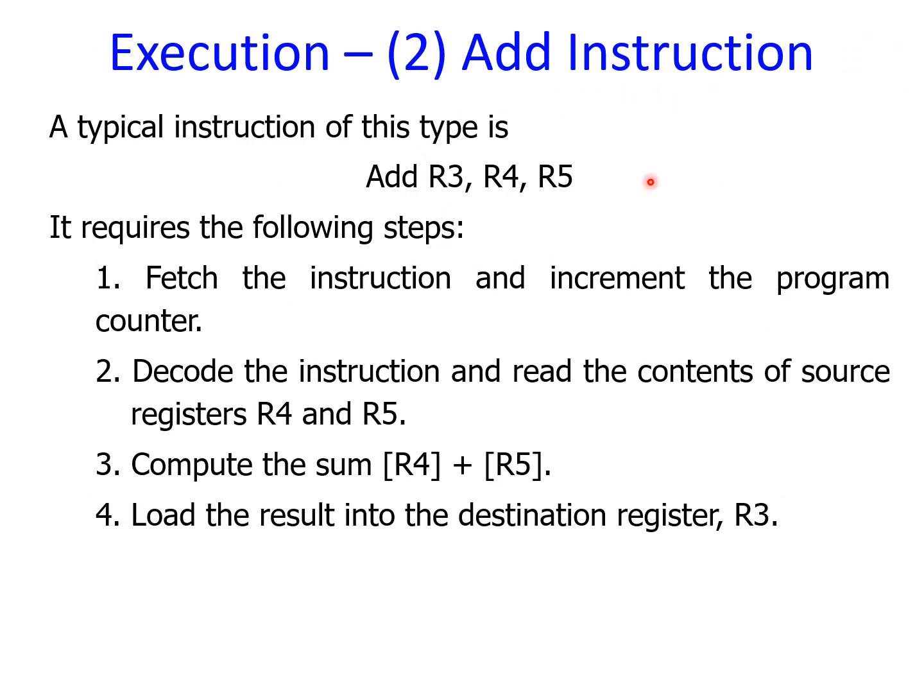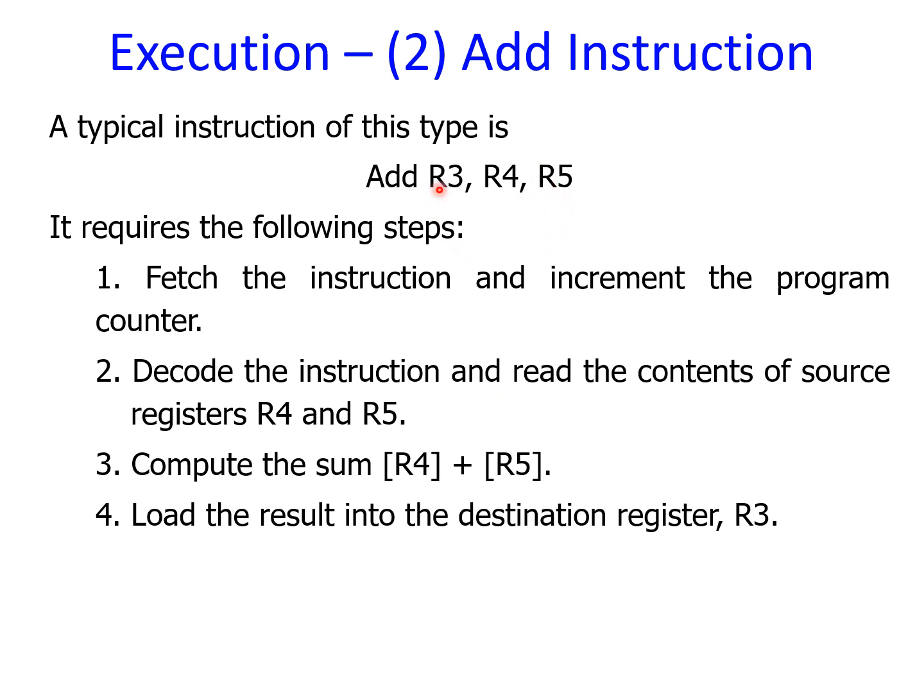In the same way, for the add instruction, first fetch the instruction and increment the program counter, then decode the instruction and read the source operands R4 and R5. The third step will be to actually execute, that is add R4 plus R5.